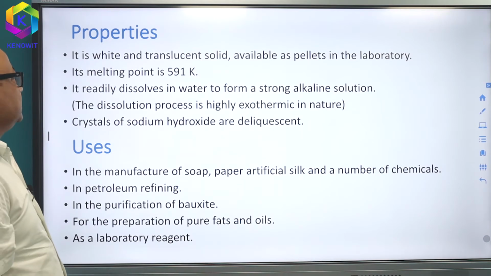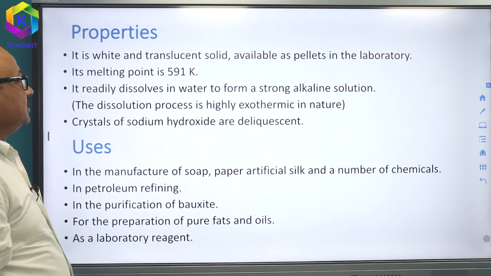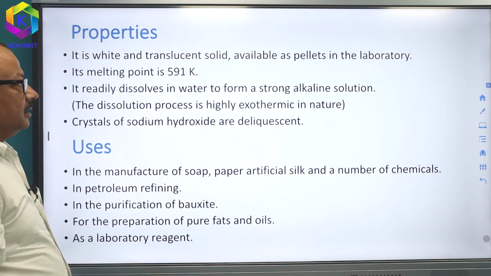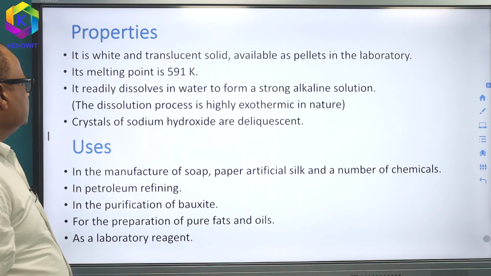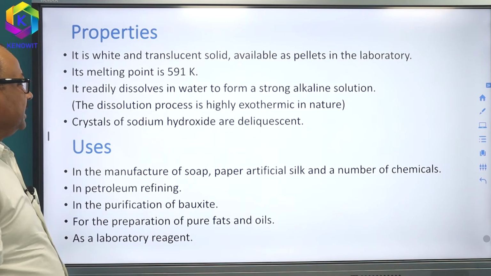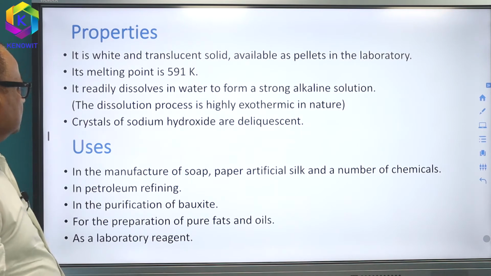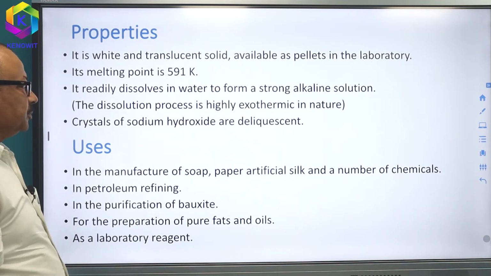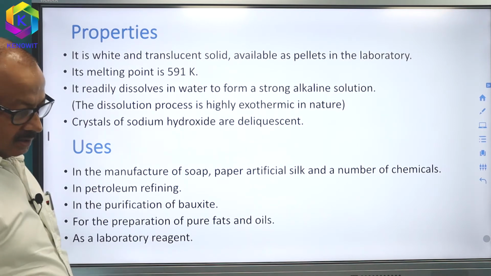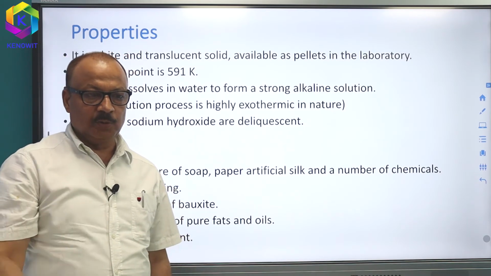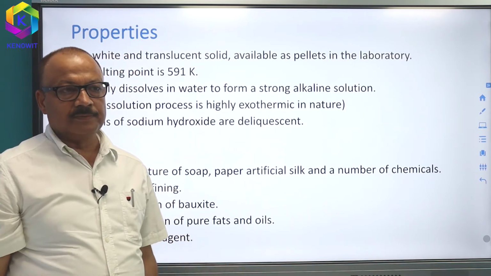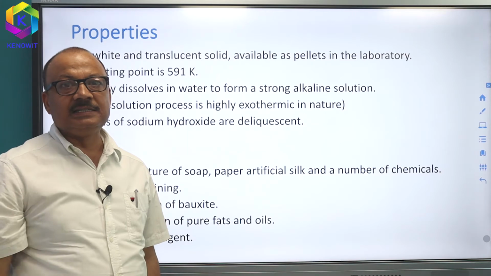Then properties. It is a white and translucent solid, available as pellets in the laboratories. Melting point is 591 K, soluble in water. Sodium hydroxide is a strong alkali. The dissolution process is highly exothermic. Dissolution means when it dissolves in water, the container becomes hot, meaning heat energy is released.